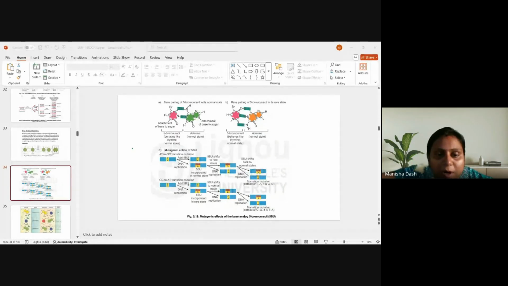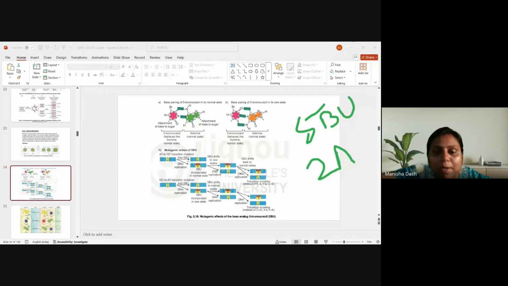So broadly two different types of base analogs are used. One is called 5-bromouracil and the other one is called 2-aminopurine. So these two are the common base analogs which induce mutations.